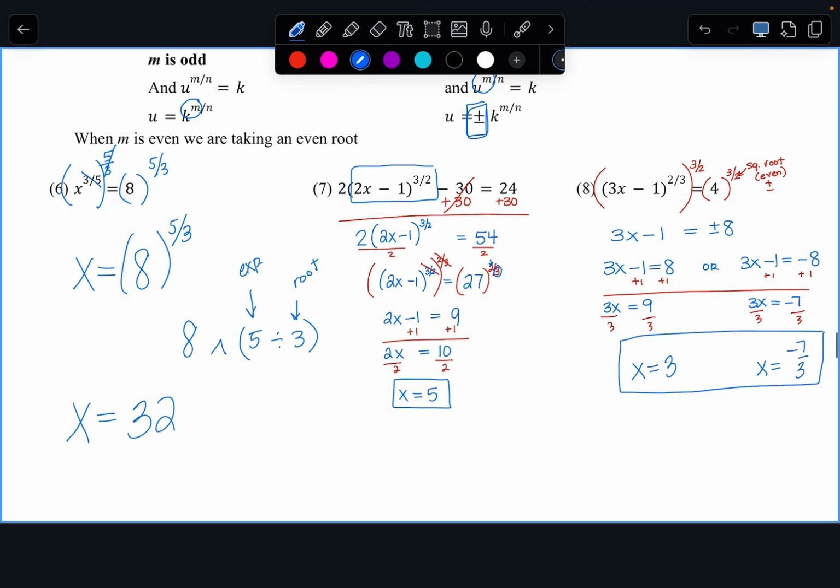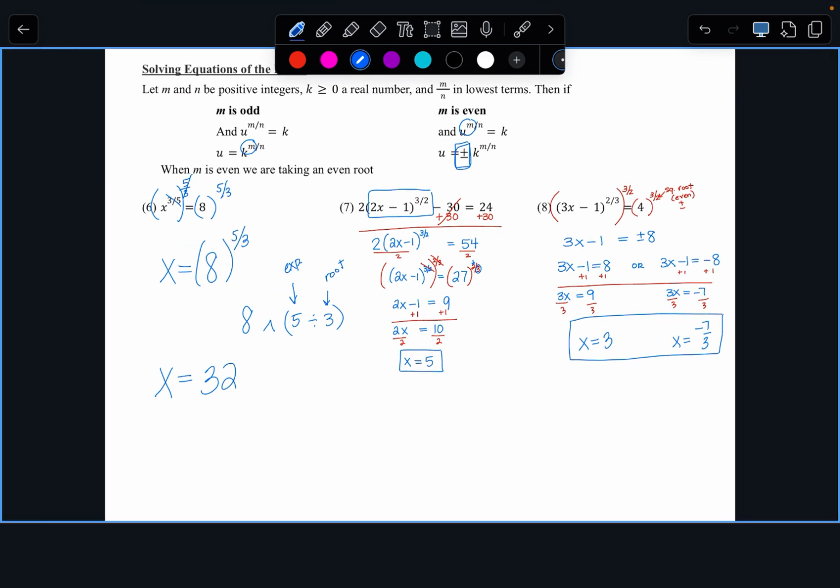So basically, anytime you have messy exponents, get that messy exponent piece by itself, and then raise it to the flipped version of that exponent. And if it's even, it's plus or minus. So really good things to put on that yellow sheet.